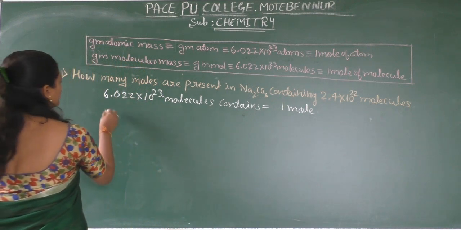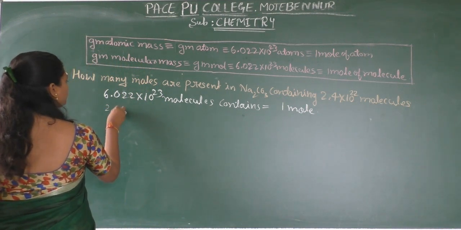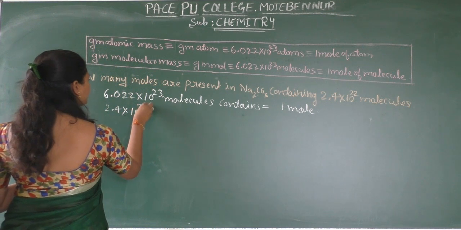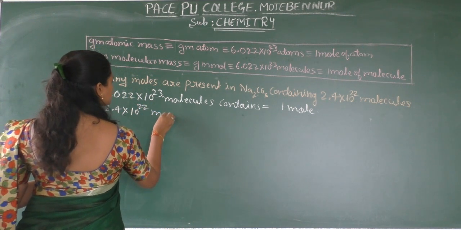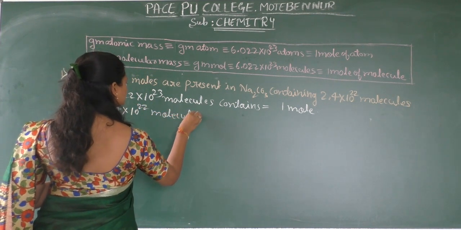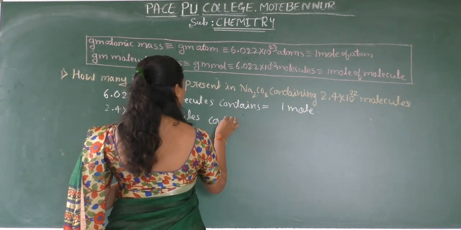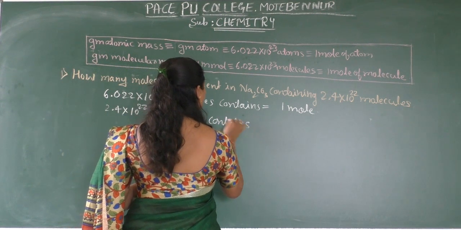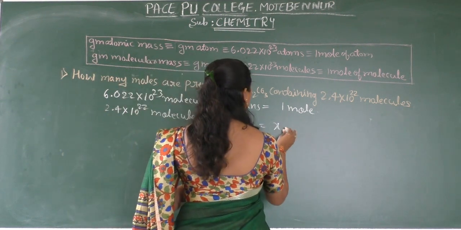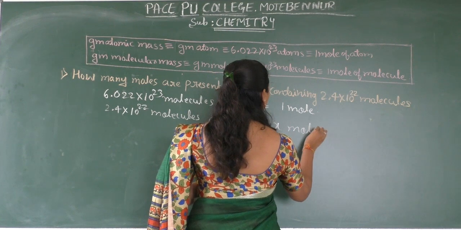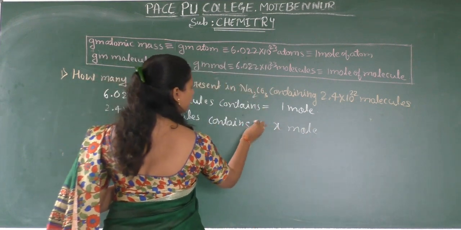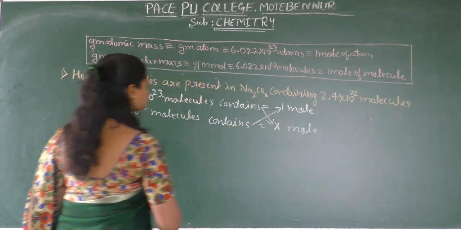So next, 2.4 into 10 raised to 22 molecules of Na2CO3 contains X number of moles. Okay, so here we have to cross multiply this one.